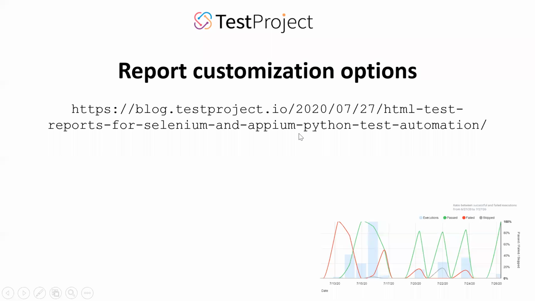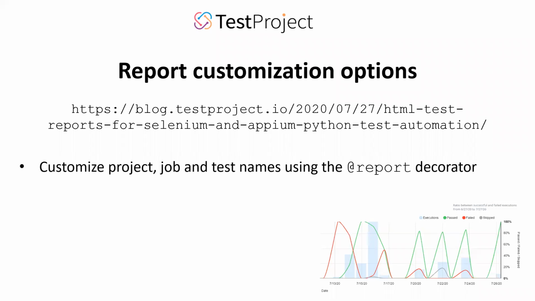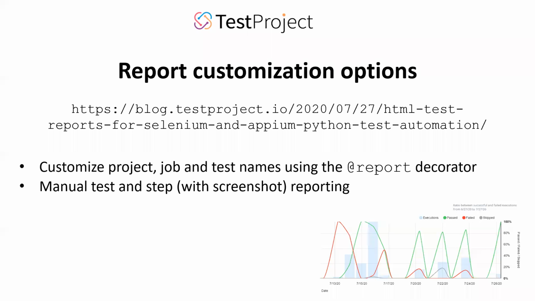So what we've seen, summarizing report customization options. I can customize project, job, and test names using the report decorator. I can include manual test reporting, and I can manually report tests and report steps with screenshots if I want to do that.